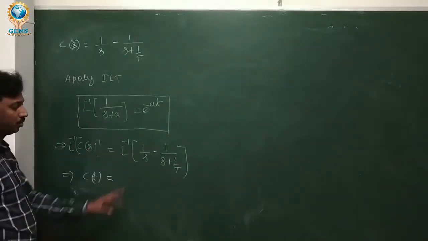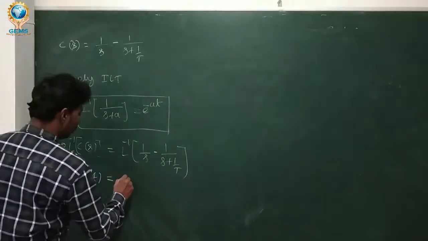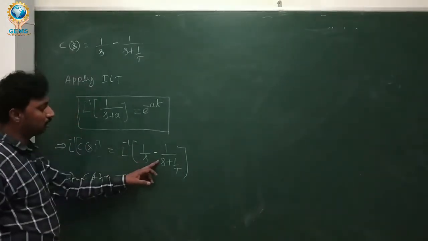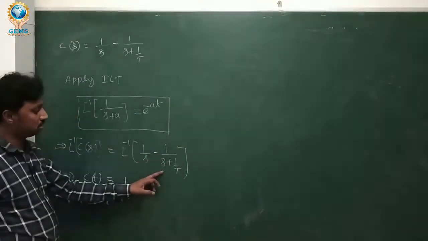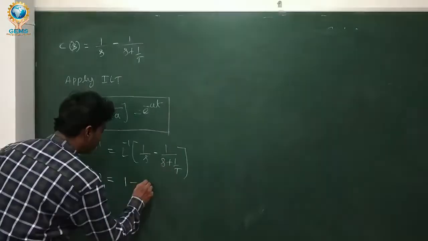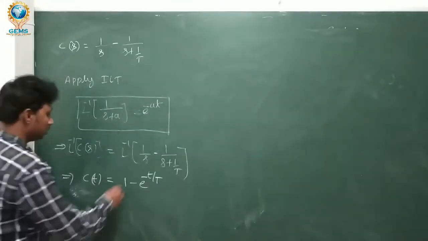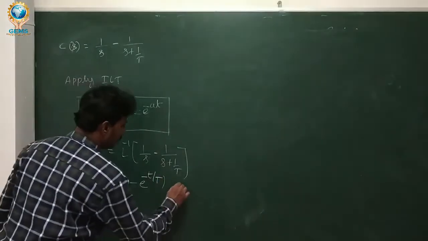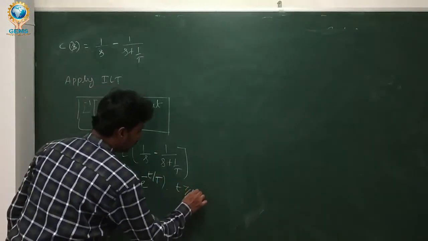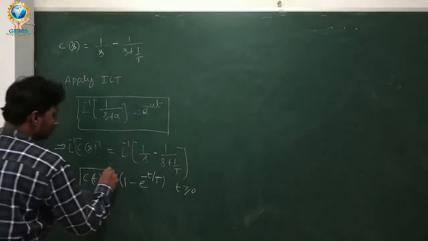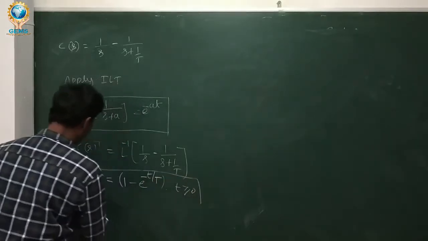L inverse of 1 by s is 1, and L inverse of 1 by s plus 1 by T is equal to e raised to minus t by T, where T is capital T. So this is the equation you got, for t greater than or equal to 0.